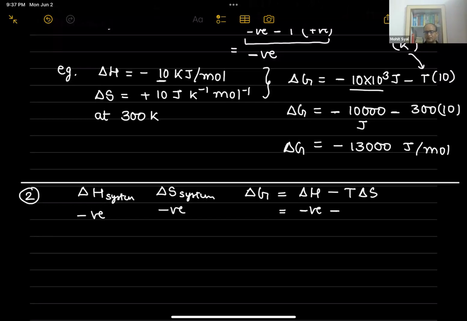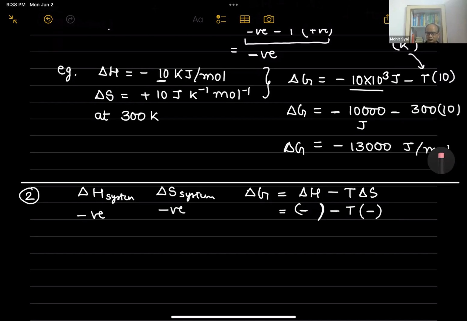Temperature doesn't matter because the temperature is always positive. Since the delta S is negative, that means delta G will be positive automatically. Delta S is negative, right?